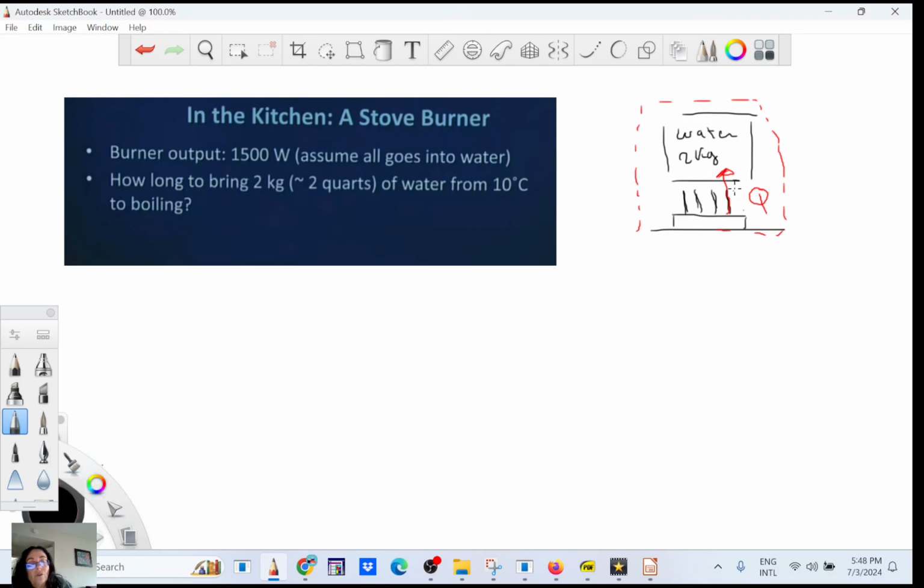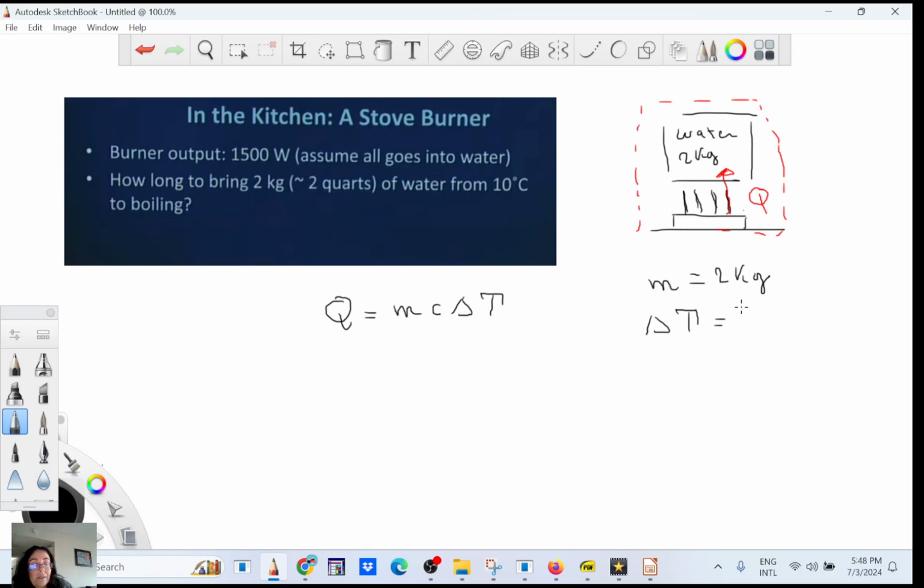So you can neglect the loss of heat to the surroundings. Okay, so Q is going to be the mass of water times the specific heat times delta T. And we know that the mass of water is going to be 2 kilograms. Delta T is going to be from 10 to boiling.